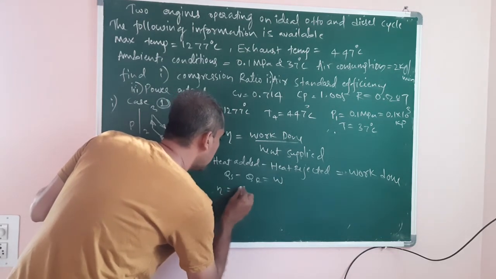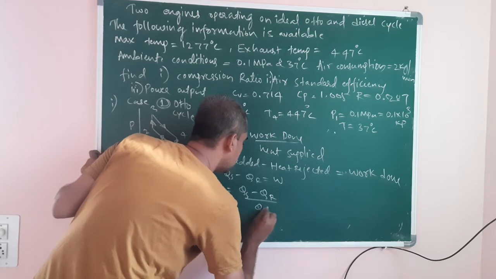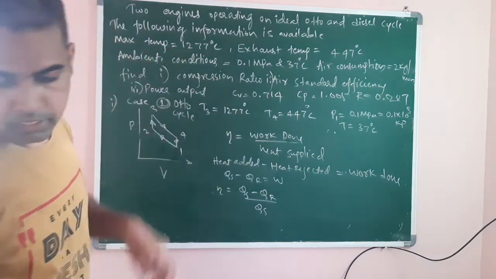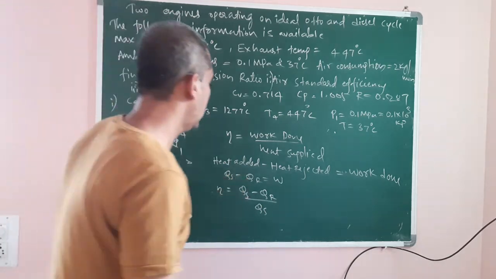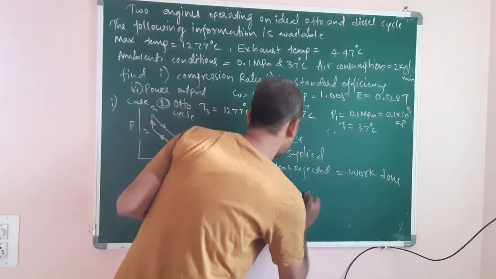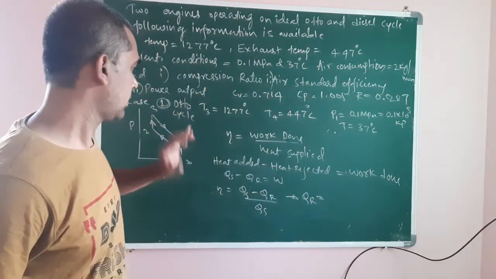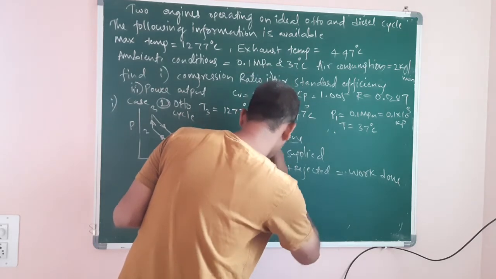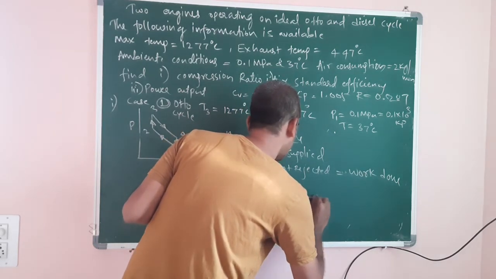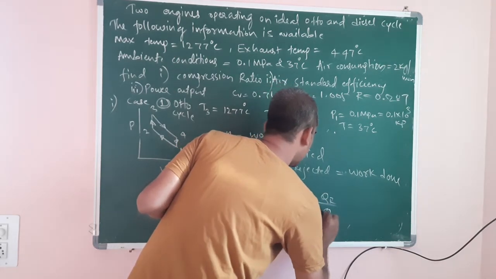Efficiency equal to QS minus QR divided by QS. If I substitute QR in terms of QS, this I can simplify as 1 minus QR divided by QS.